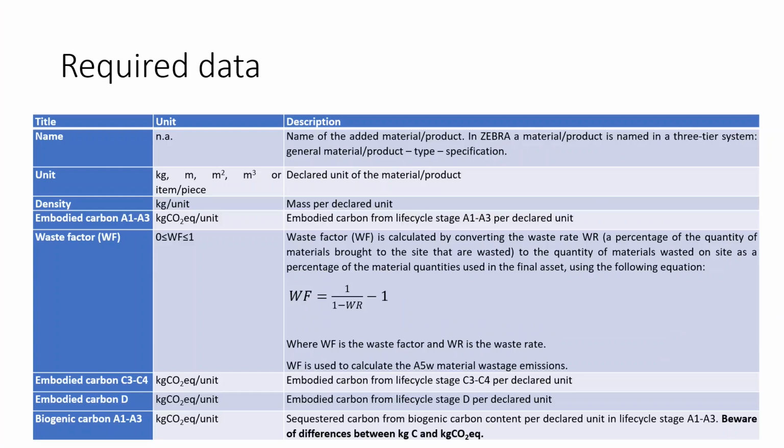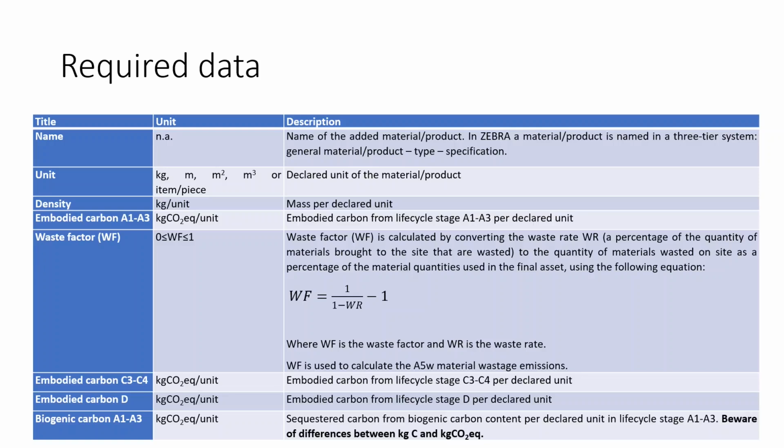Then we also obviously need the embodied carbon factors in different life cycle stages of the product. The first one needed is embodied carbon stage A1 to A3, which is provided in all EPDs. And then we also need the waste factor.